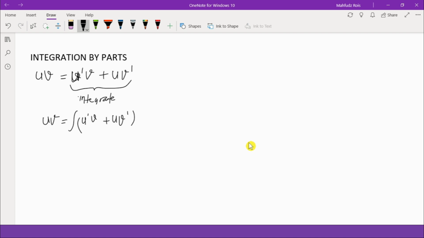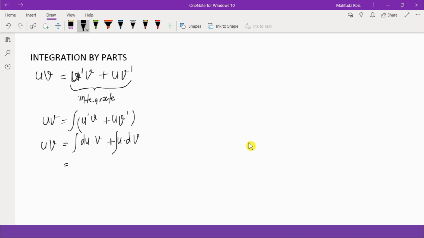Now, if we change this prime as du times v plus u times dv, we will get like this. I'm sorry, this one should be plus the integration of u dv. Again, we integrate one by one, and we change the prime by dv.